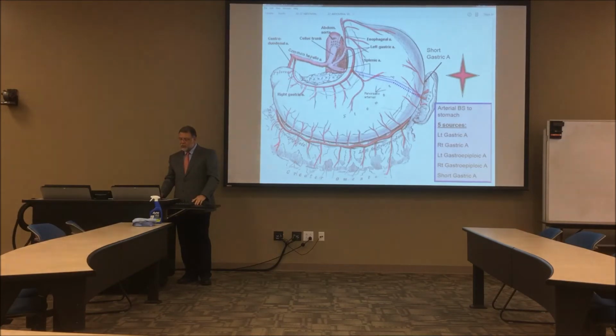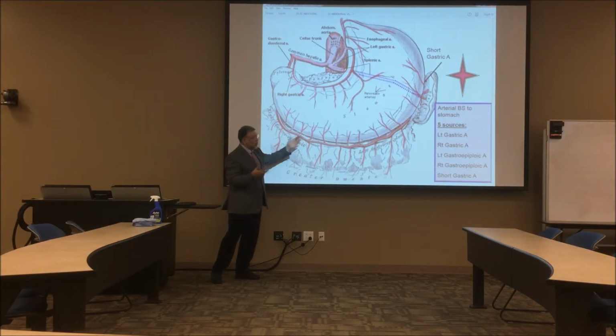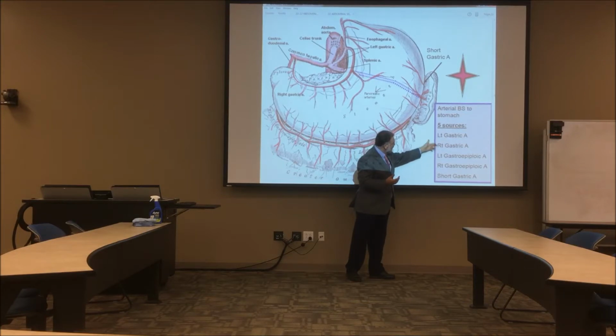So review this image again, like I said, if you're visual, and think about the names of the arteries. If you understand the names of the arteries, it's going to be very simple to understand where they come from, or more appropriately, where they are going to. So it has to be easy. You have two lefts, you have two rights, and you have one short.